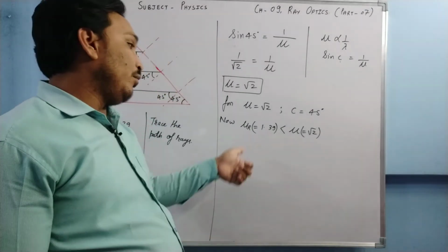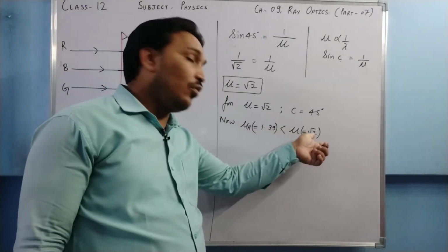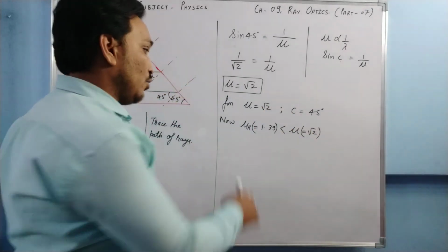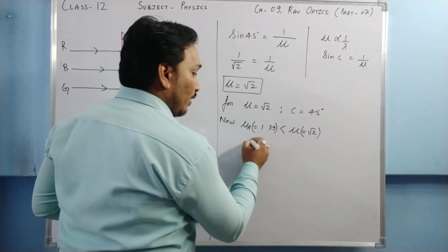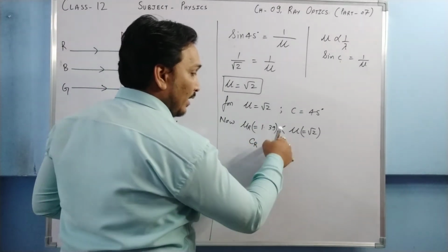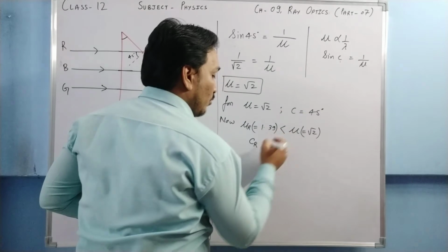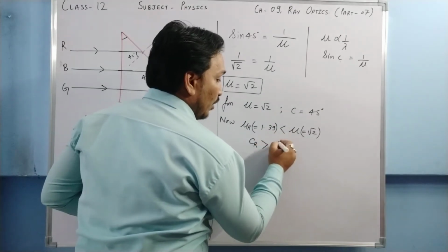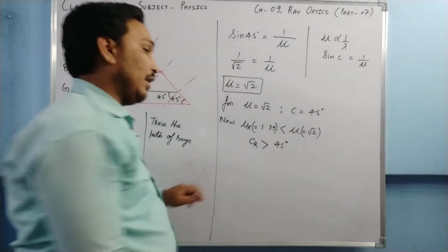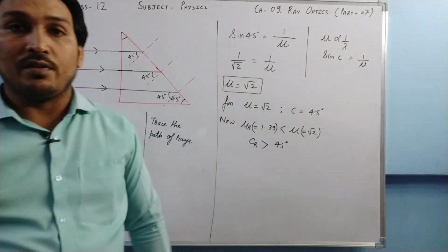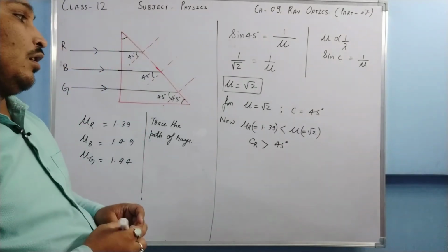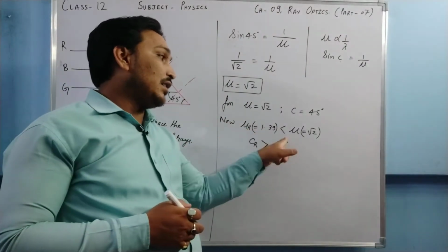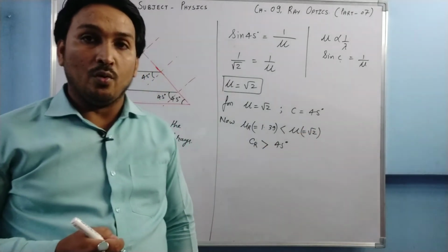So mu of red color is less than mu, that is root 2. Since it is less and they are inversely proportional, the critical angle of red color will be greater than 45 degrees. Let me repeat. Mu of red color is less than root 2.